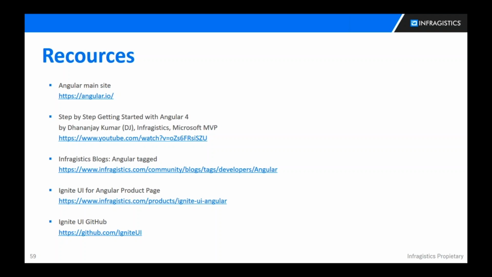Also, there's a blogs Angular tag on our community site. You can check a lot of useful topics there. And if you are interested in our components, this Ignite UI Angular product page is the one you may want to take a look at. Then if you're using the components for non-commercial use, you can check the Ignite UI GitHub so that you can install the components to your site.